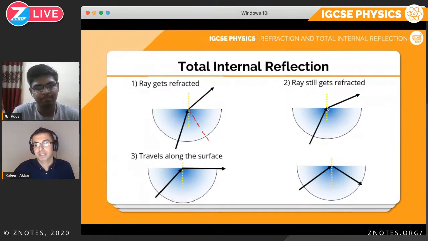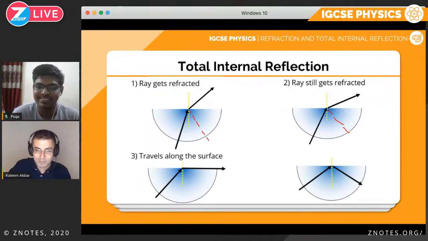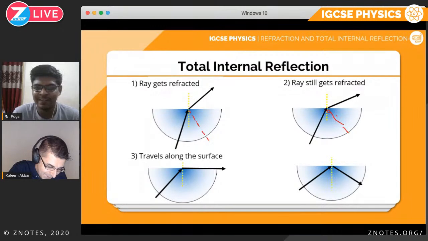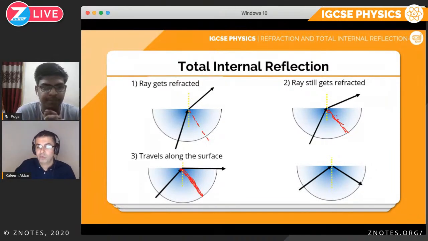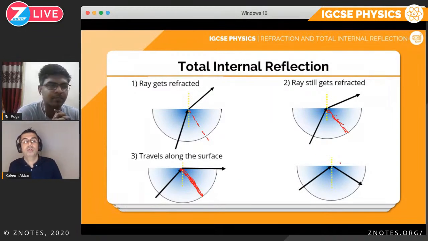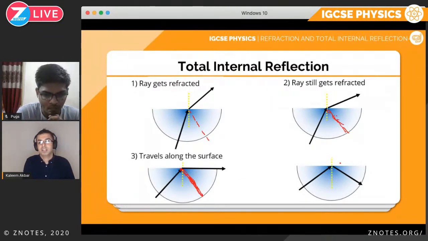What's going to happen is, as that angle gets bigger, this ray, I'm sorry, that's so badly drawn, let me just make that a bit straighter, will start to get brighter. And then right at the end, it's all total internal reflection. Some people think this comes out of thin air.